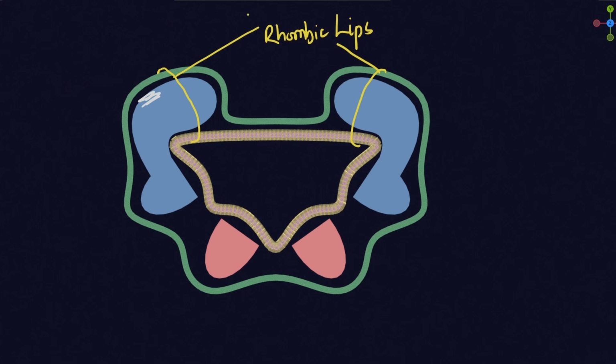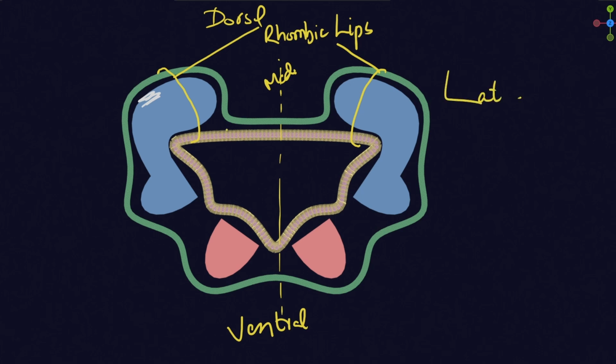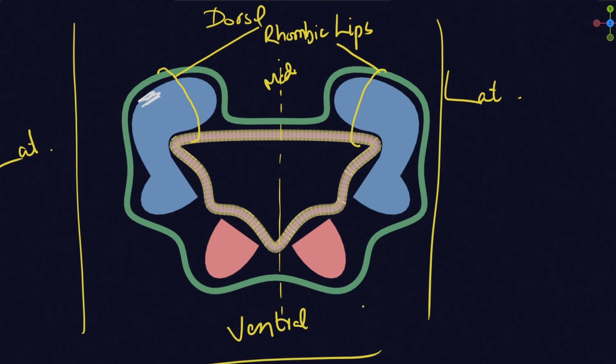For this, of course this is the dorsal side, this is the ventral side, and this midpoint is of course medial, and this is lateral. This is lateral here also. This side is lateral, ventral, and then dorsal. So here is the lateral and here is dorsal.